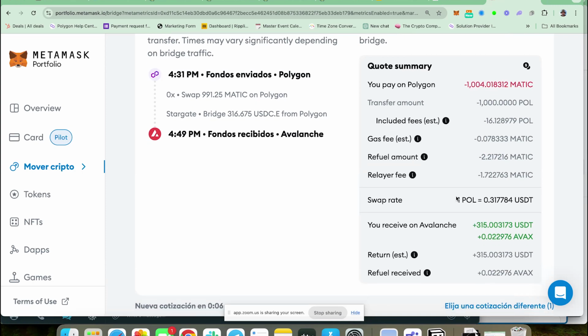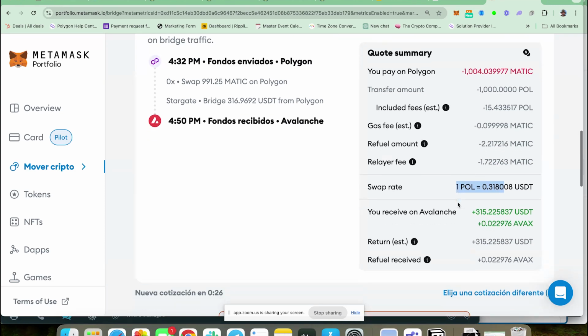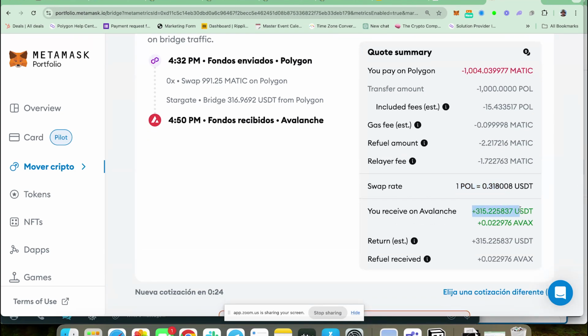Then I also have the swap rate, which is slightly worse than the official one, so they are also taking money from this exchange rate. And this is the amount of USDT I would receive on Avalanche, and this is the AVAX that I would also receive for making the transaction.